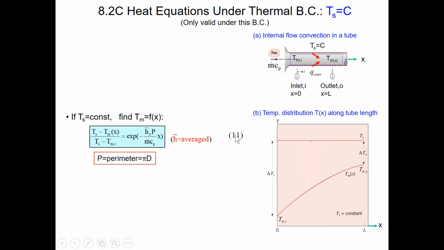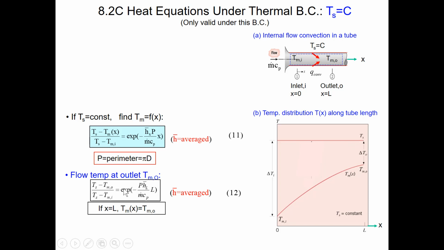As indicated in equation 11, the flow temperature Tmx changes exponentially with location x. This straight line represents the constant temperature Ts.